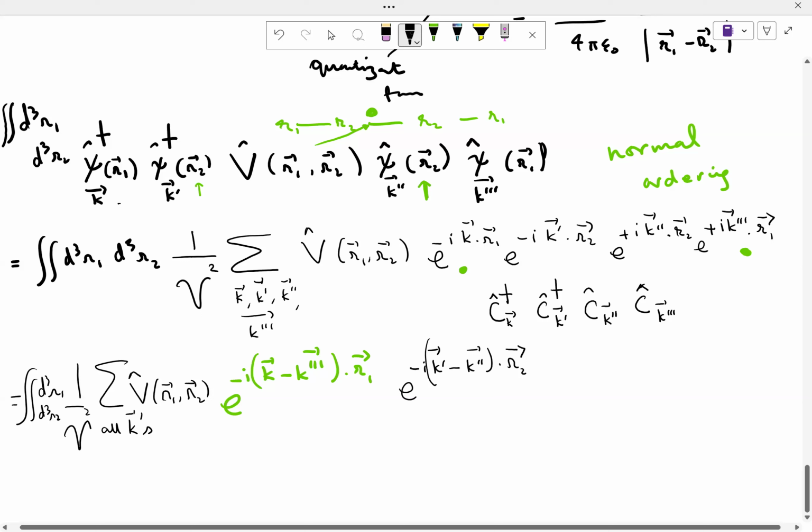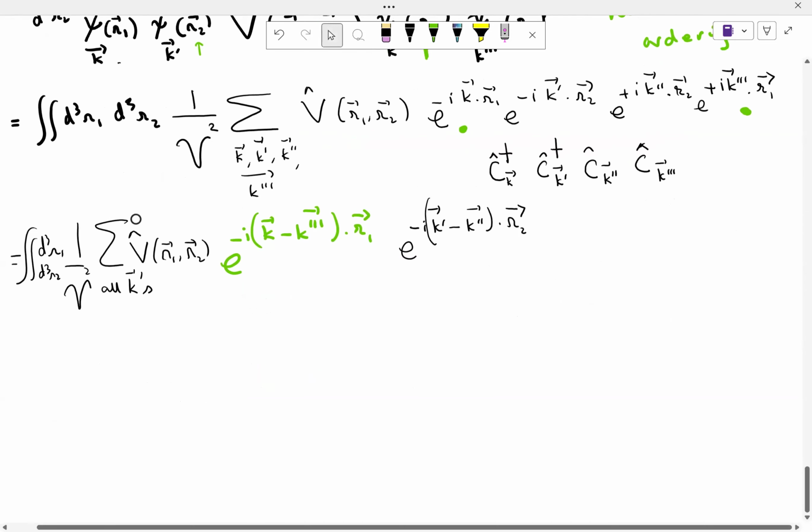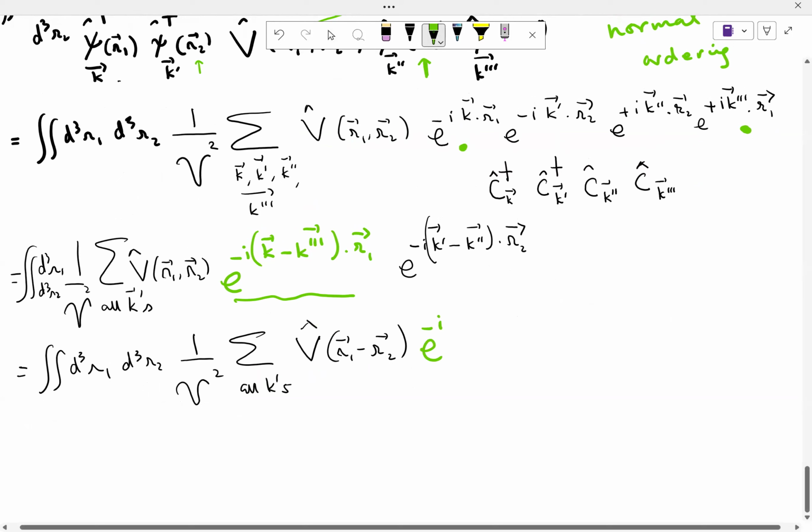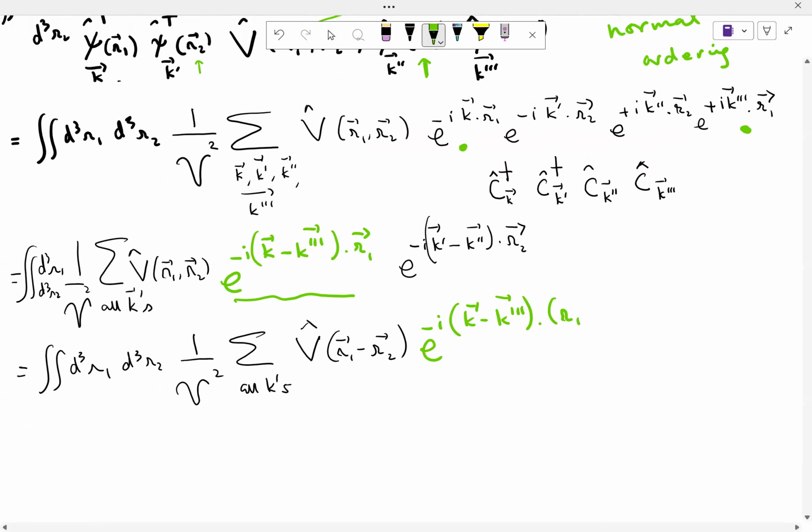All right, so from this point onwards, it's actually quite simple. What I could do now at this stage is the following: d cube R1, d cube R2, 1 over volume square, all k's, V, write this as R1 minus R2. And then I write this term here as e to the minus i k minus k triple prime R1 minus R2. So on purpose, I have added this term minus R2.